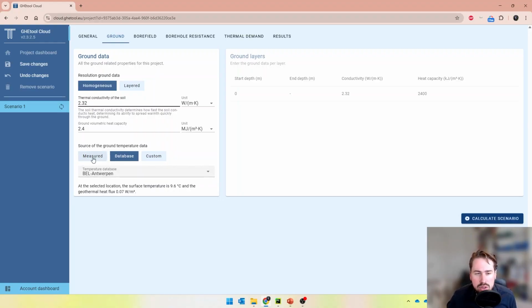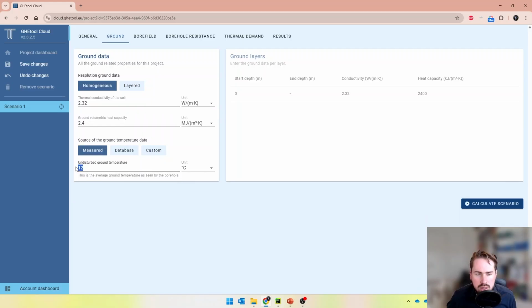The ground temperature was also measured, and in this case it was 11.78. So this is also again the average for the entire borefield or borehole.